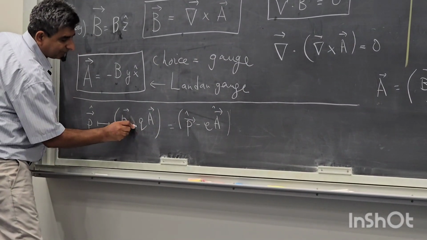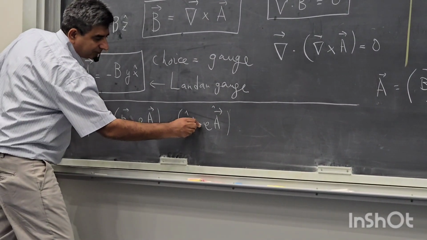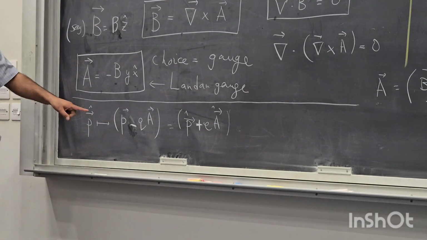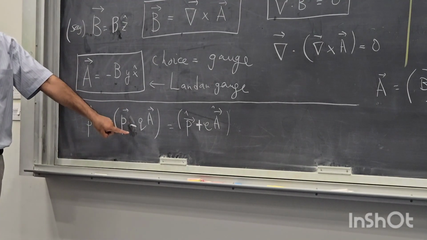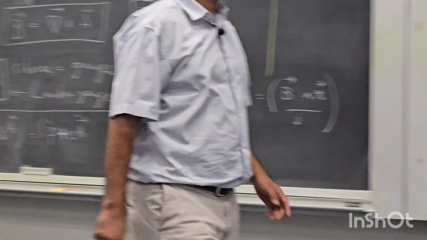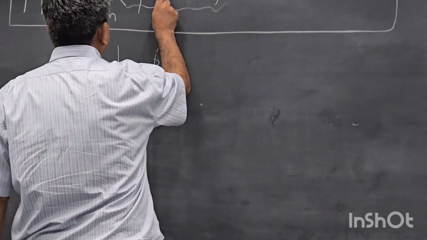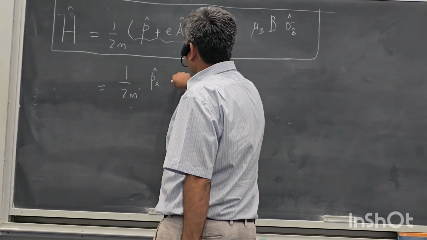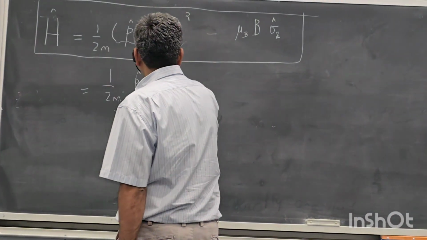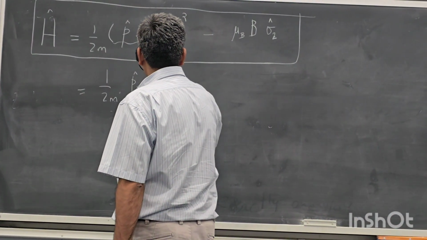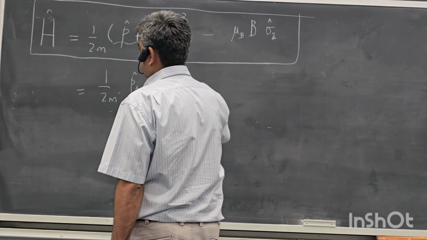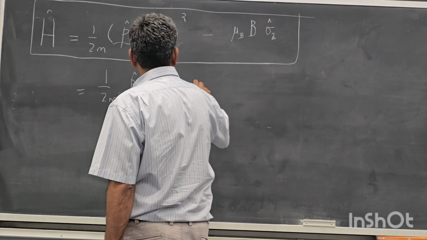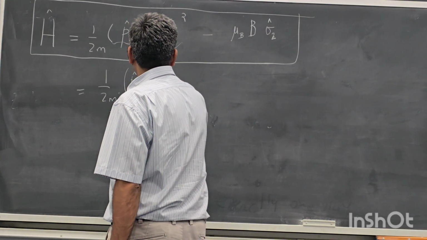It will work otherwise as well, but let me conform to the convention. This is minus. This is plus. This is plus. Okay. So this term will become, as far as the x component is concerned, (px minus eBy) whole square.